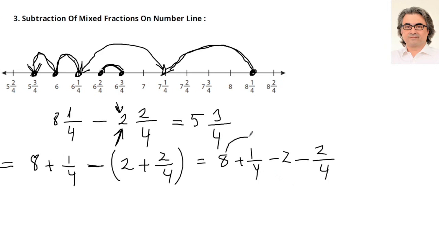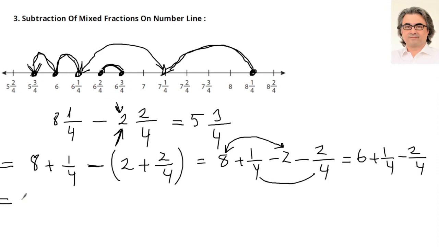Now, of course, there is a subtraction operation between 8 and 2. 8 minus 2 is 6. And after that, 1 over 4 minus 2 over 4. 1 over 4 and 2 over 4 are two fractions whose denominators are equal to each other.